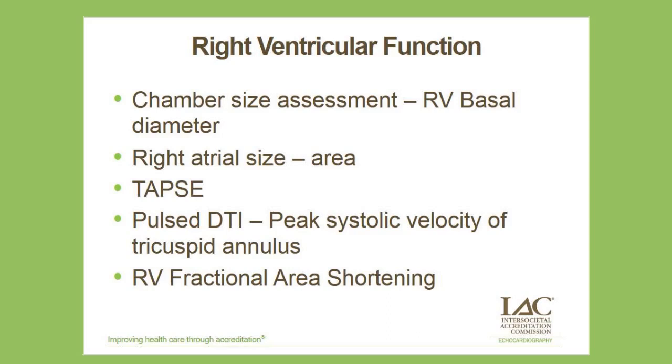We do TAPSE on these patients, much like we do with our normal heart failure patients. And we also do a pulsed DTI on these patients, looking at the peak systolic velocity at the tricuspid annulus. And we also do an RV fractional area shortening on these patients as well, so just tracing the RV in diastole and systole.